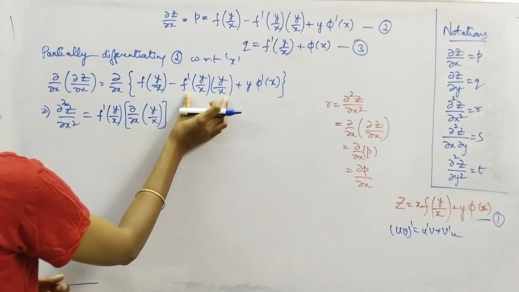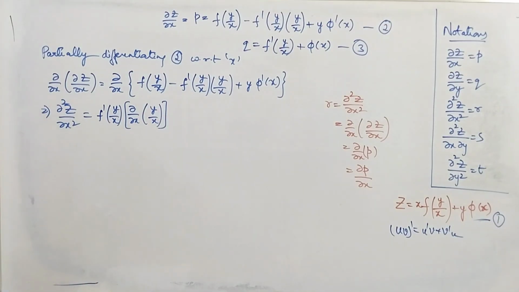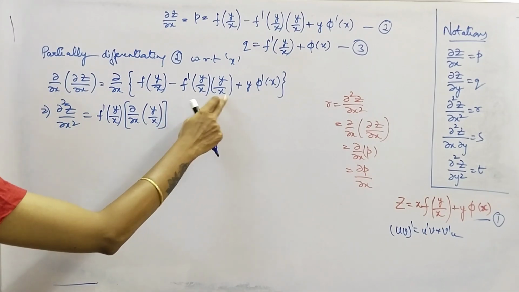Minus the partial derivative of f'(y/x) into y/x. We can use the (u/v)' formula here to find the partial derivative of these two.